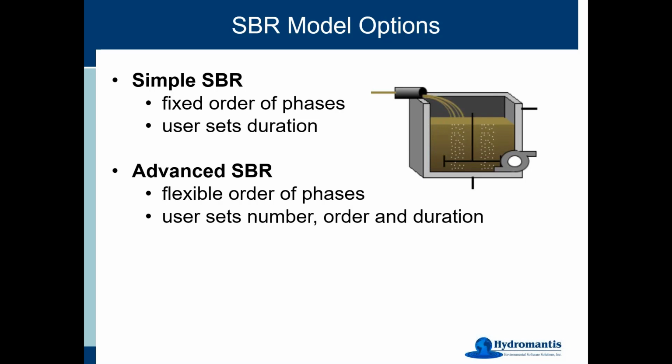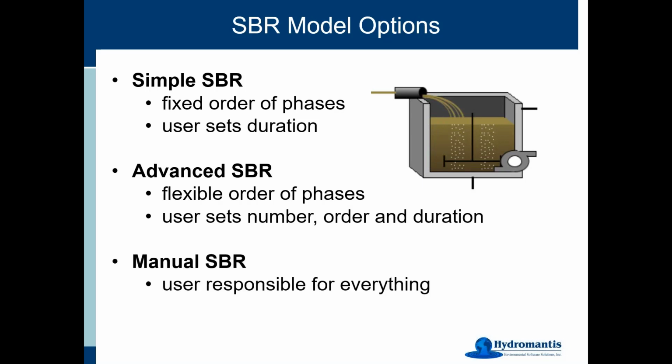You can also change the duration, obviously, and the various properties of things that are going on in those phases. And the manual SBR, actually, there is no sequencing. Basically, it is just a completely mixed reactor or a layered one-dimensional reactor. You have control over everything, but you have to manually set all of those, either via code or what have you.